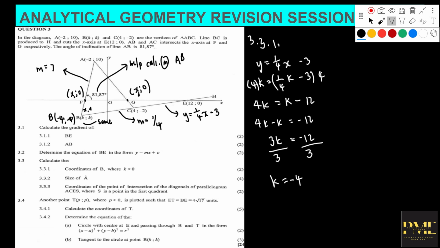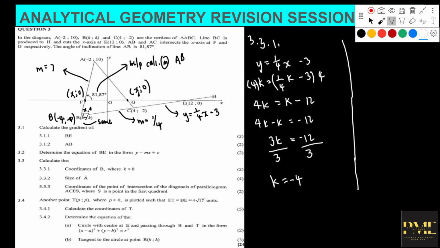All right, so let us look at an alternative method quickly, just to prove to you guys that as long as you're using what is true, you'll always find your values of K. In fact, what you can do is use the gradient formula and substitute some figures.